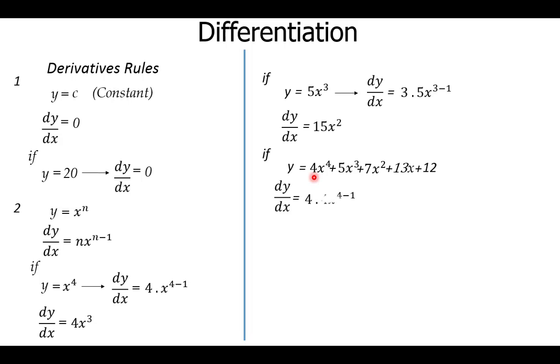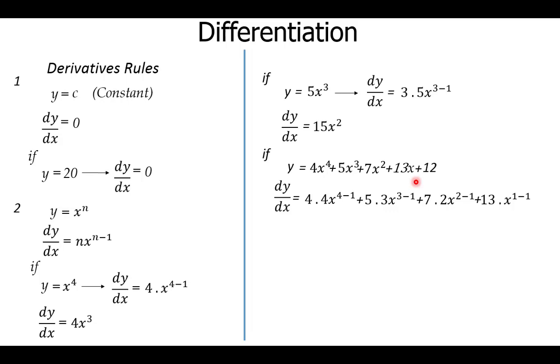So we have 4 times 4x to the power 4 minus 1, plus 3 times 5x to the power 3 minus 1, plus 7 times 2x raised to the power 2 minus 1, plus 13 times x raised to the power 1 minus 1.